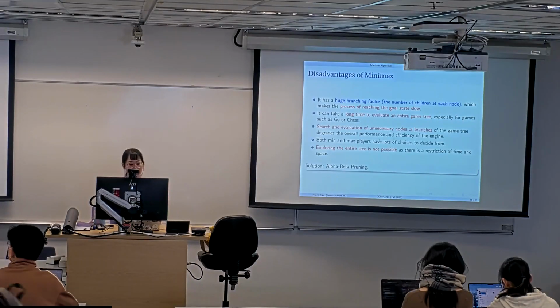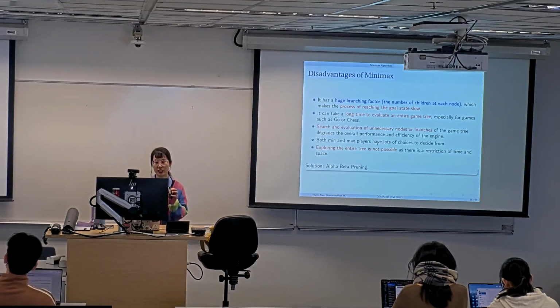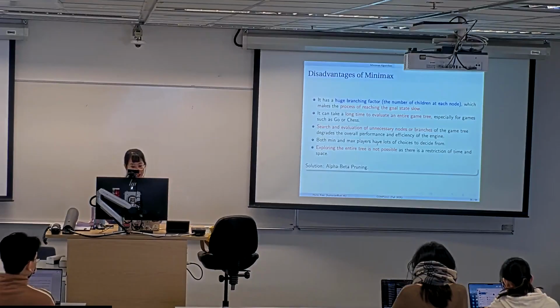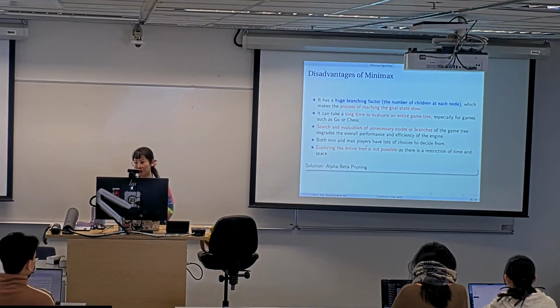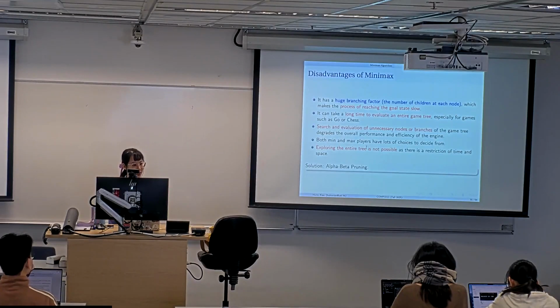In this case, we try to improve the Minimax specifically in terms of the computation cost. That is, we try to reduce the search space, and reduce the time to play at each step. And we find a solution that is called alpha-beta pruning. Alpha-beta pruning is another algorithm, but it's based on Minimax.